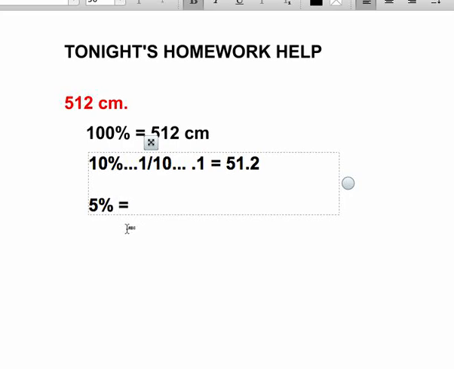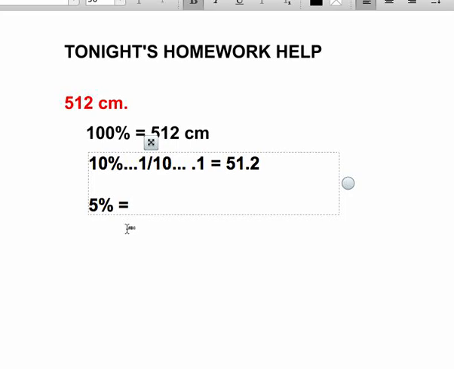To find 5%, now you need to think, okay, what's the relationship between 10% and 5%? Well, you should immediately recognize that 5% is half of 10%. 5 is half of 10. So if 10% is 51.2, then 5% will be half of that.